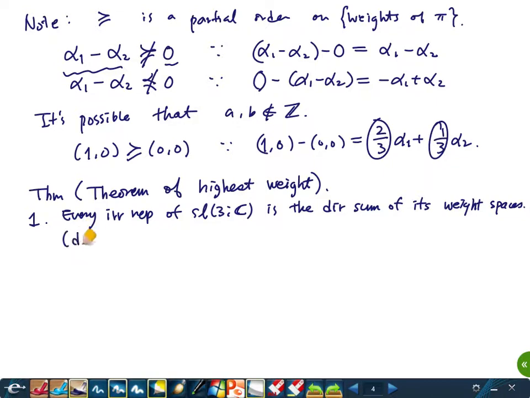So here, a direct sum as a vector space. Usually, a weight space is not an invariant space, so it's not a direct sum as representations, just a direct sum as a vector space. Okay.